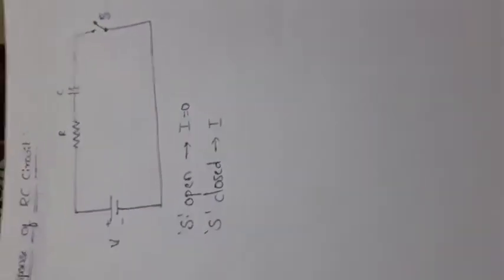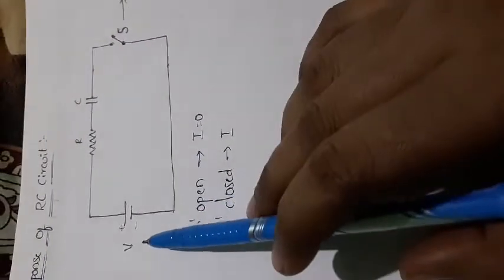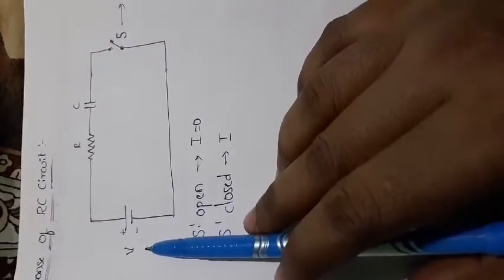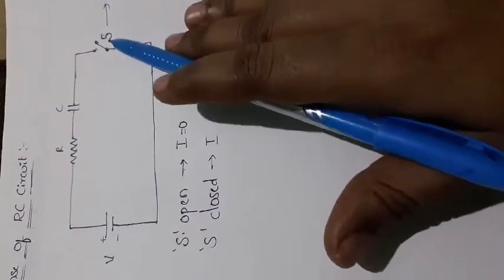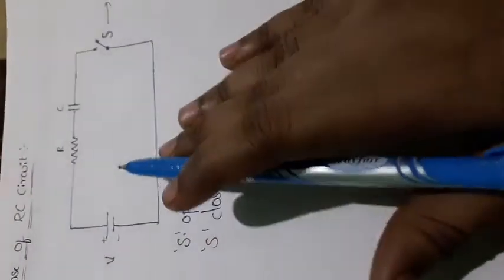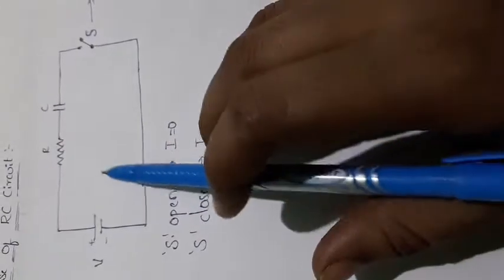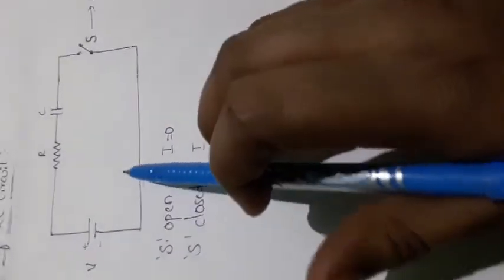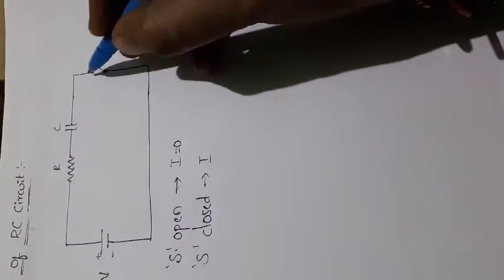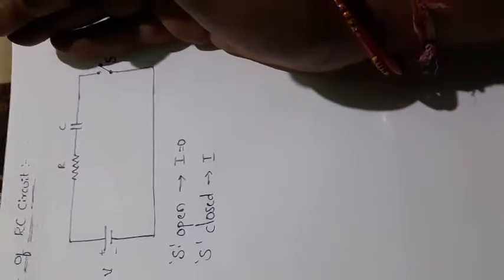Just observe one point: initially the switch is in closed circuit. If the switch is in closed path, automatically the circuit acts as a short circuit. If the switch is closed, it looks like a straight line, that means it is in the form of a short circuit.